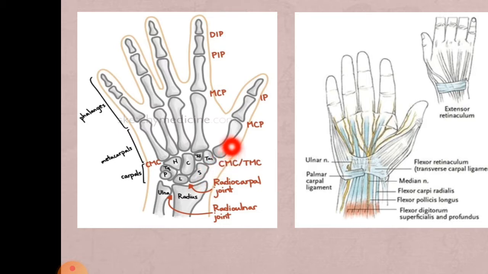Then you have metacarpophalangeal joints, and the interphalangeal joints. In the thumb, as you have only two phalanges, there will be one interphalangeal joint, but in the fingers you would have a proximal interphalangeal joint and a distal interphalangeal joint.